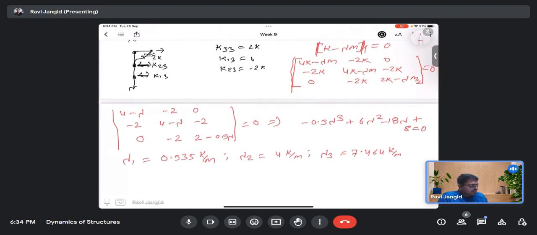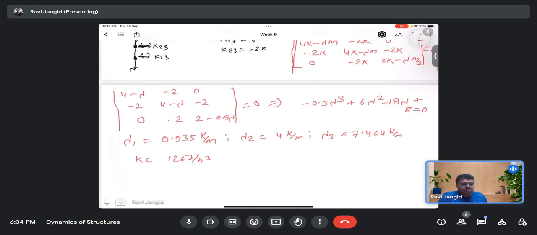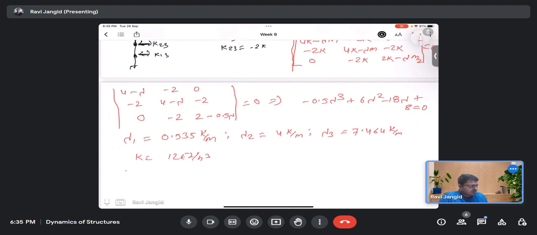As you know, K is equal to 12 EI by H cube. So you can find out omega 1, because they are asking for omega in terms of the mass, the elastic modulus E and the moment of inertia I. So omega 1 will be the square root of lambda 1. Can you find out this?